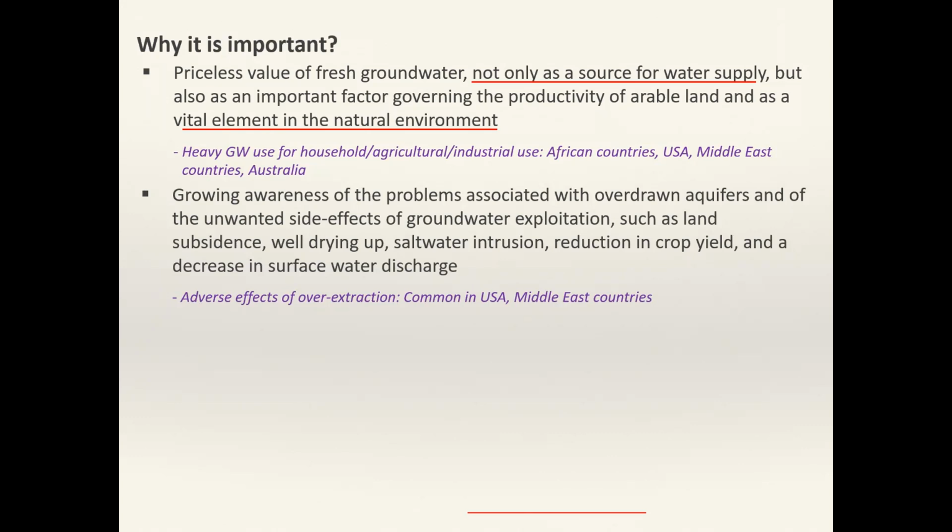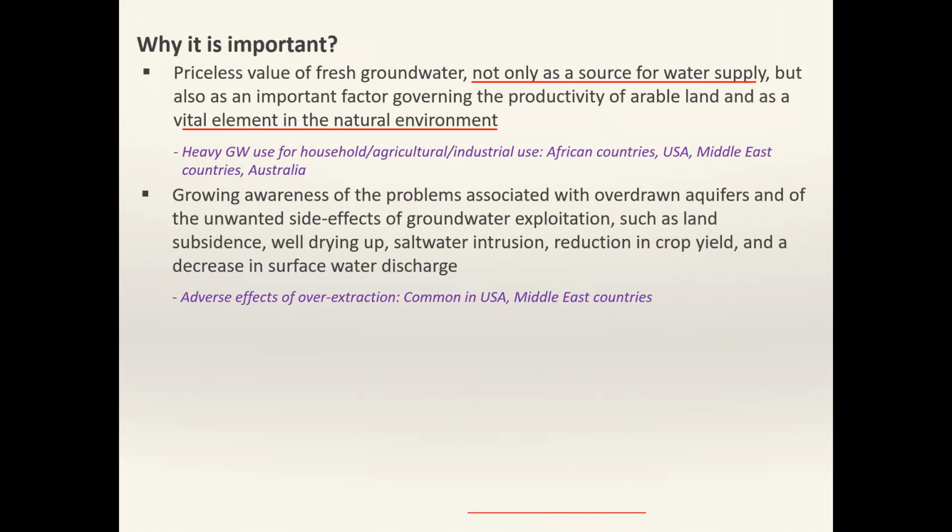It used to be a serious issue in countries like USA because during the industrialization time, they pumped so much groundwater out, right? So because of that, the land subsidence was a serious issue. After that, agencies like the Environmental Protection Agency started regulating the groundwater pumping and now it has come under control.